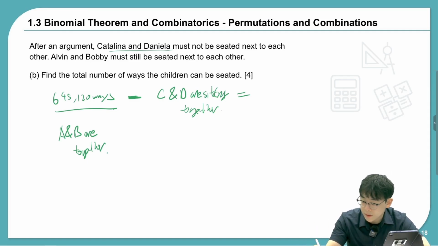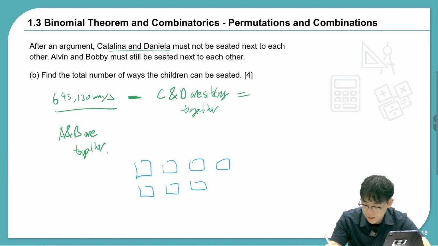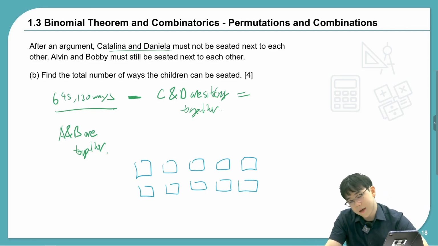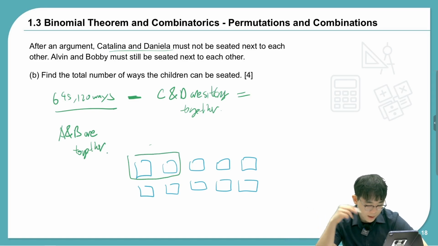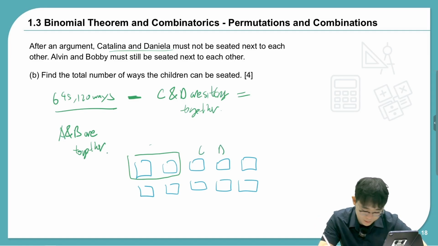So let's actually draw out how this would take place. Remember that we had 10 seats here, and let's say that Alvin and Bobby take the edge seats. Then how can C and D sit together? Well, we could say that C and D could be sitting here.